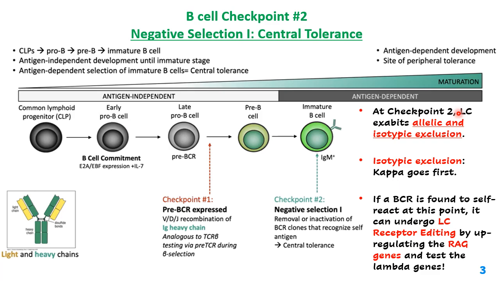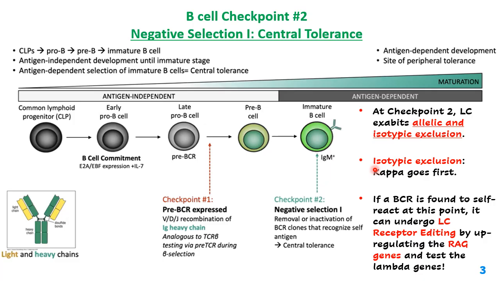Okay, so that is allelic exclusion. Now, besides allelic exclusion, the light chain has another mechanism that goes on at this time, and that is called isotypic exclusion. Okay, so that means you are going to use only one type of gene for the light chain from either mom or dad.